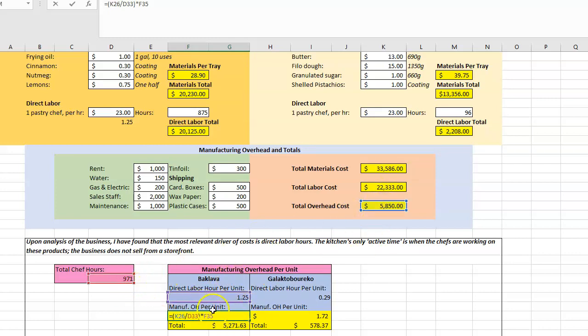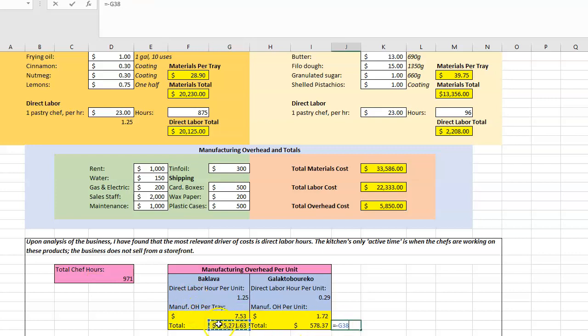Divided by total. Okay, so we're doing it per tray, right? So instead of per unit, stay consistent with what you had above there, per tray. Okay, so that's the cost per tray.